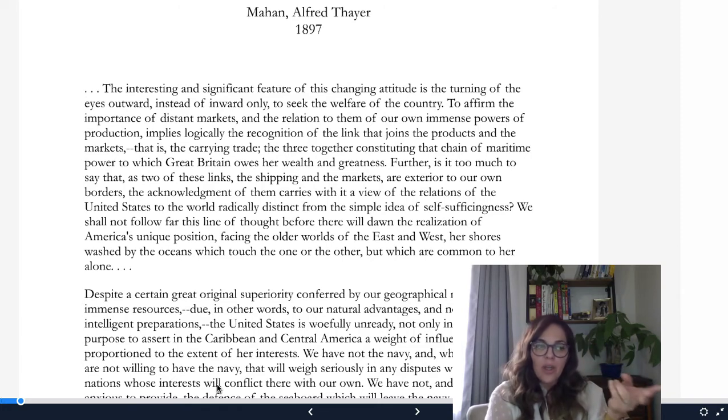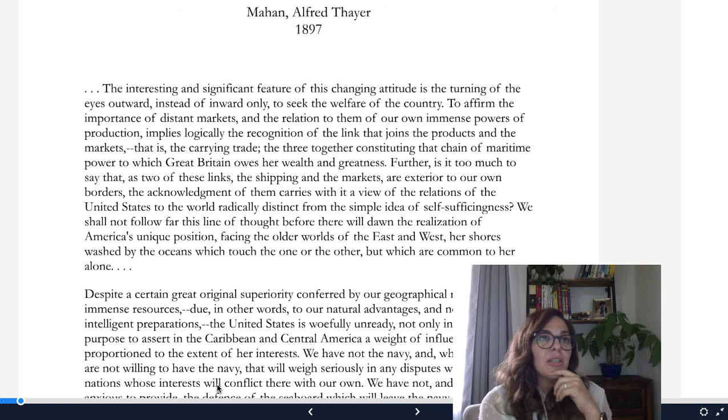So remember, he's talking about isolationism and stuff like that. So to affirm the importance of distant markets and to the relation of them to our own immense powers of production, it implies logically the recognition of the link that joins the products and the markets, that is, the carrying trade, the three together constituting the chain of maritime powers to which Great Britain owes her wealth and greatness.